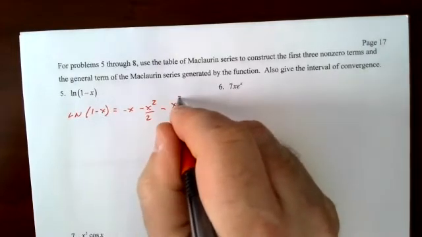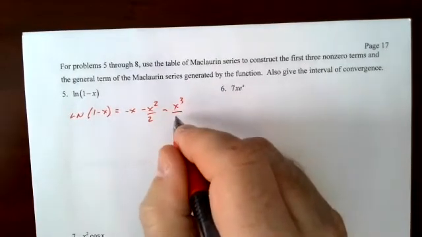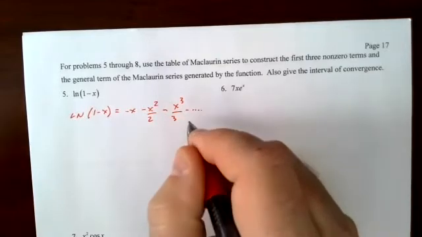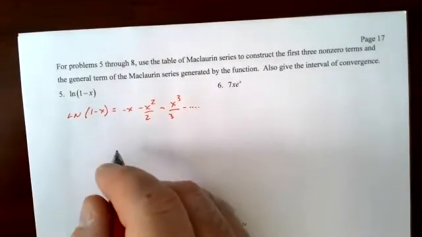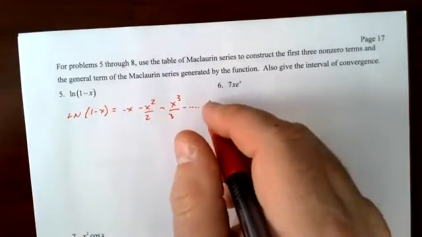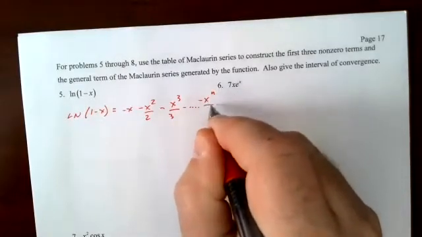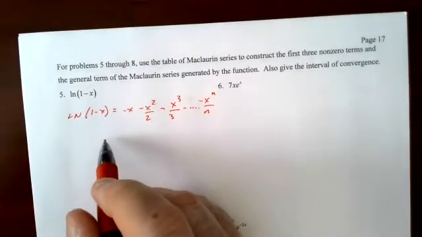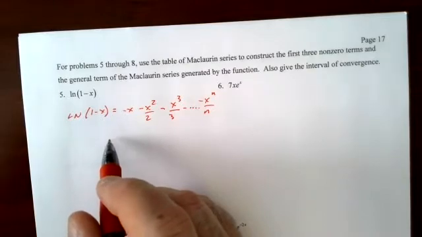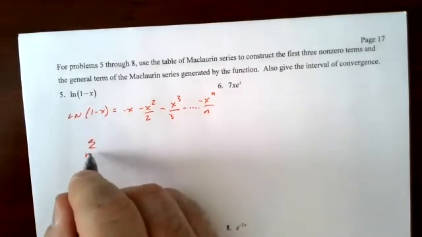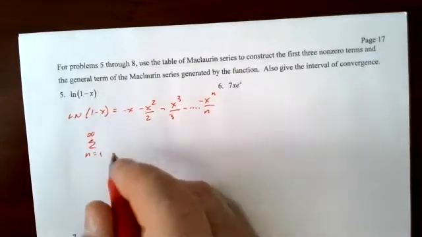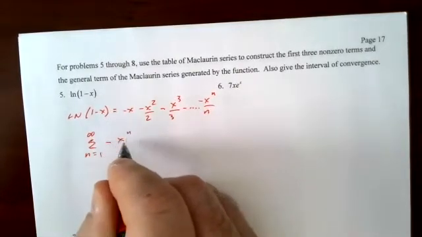That's not the, go back and look at your list. And the next term would be negative x to the n over n. Now, it doesn't say here, but that means you're starting with n equals 1 to infinity of negative x to the n over n.